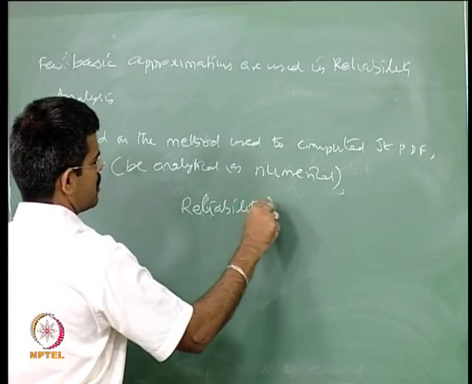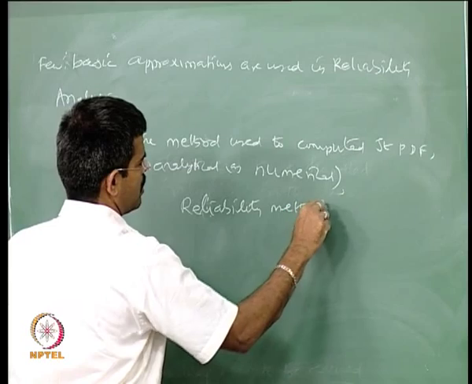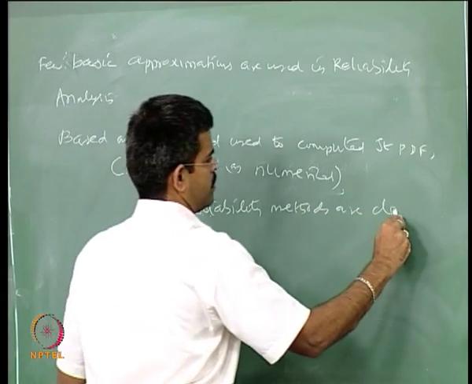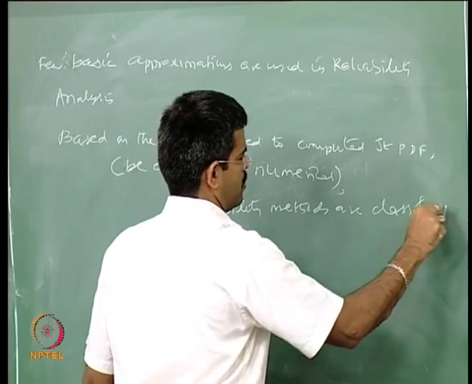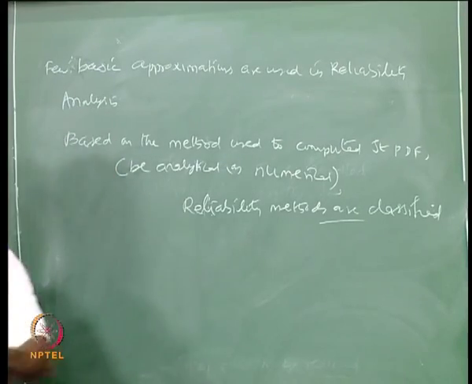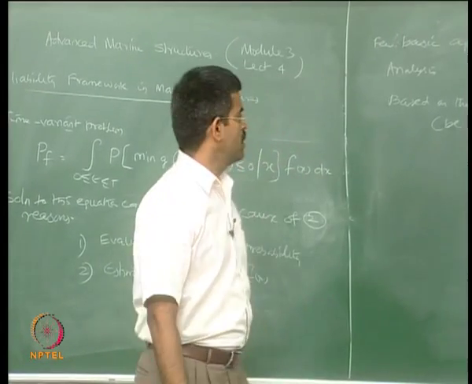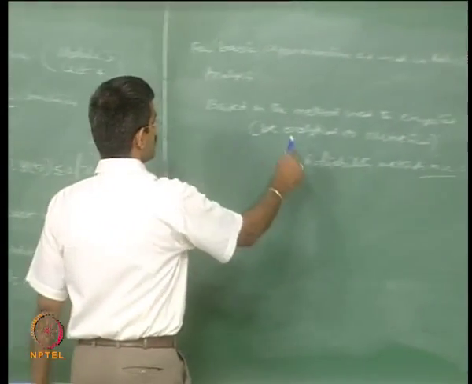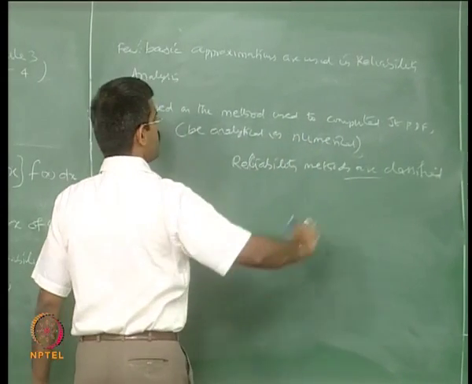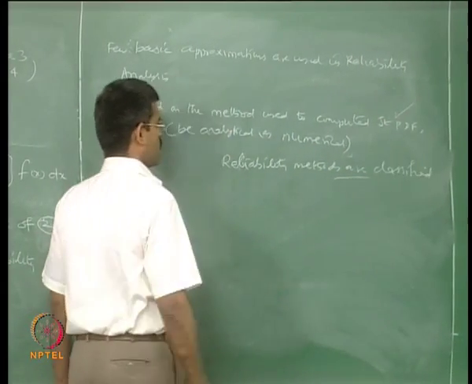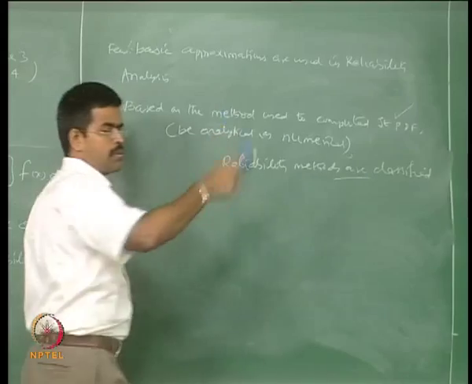Reliability methods are classified further based on the analytical or numerical method employed by the person to compute the joint probability density function. You classify the reliability methods as well.